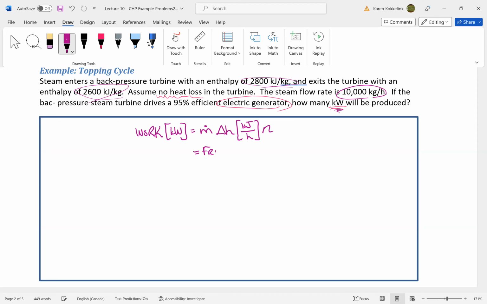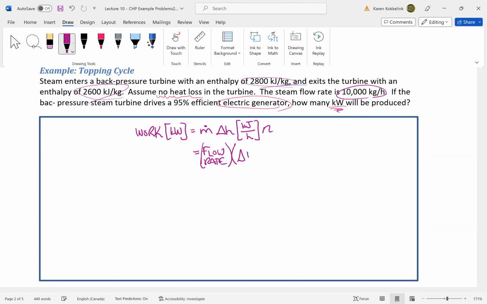So remember, this is our flow rate, with the dot meaning that it's a rate of flow of a fluid, as we think back to thermodynamics and fluid mechanics at this point.